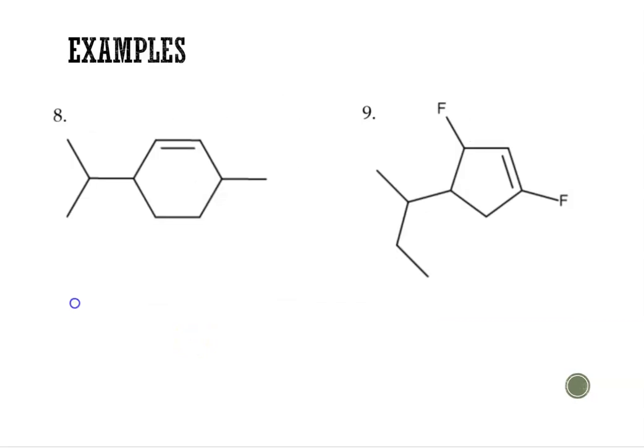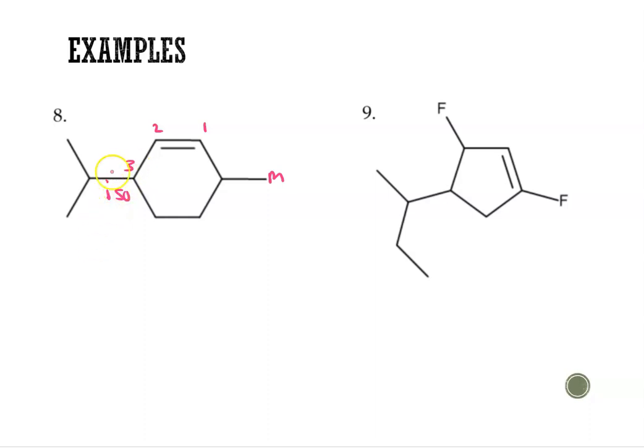All right, so here if we look at this, we're always going to make our carbon double bond the 1 and the 2. So 1, 2, 3 over here, or we can do 1, 2, 3 over here. This is methyl, and this is isopropyl. So I comes first, so I'm going to do that one here.